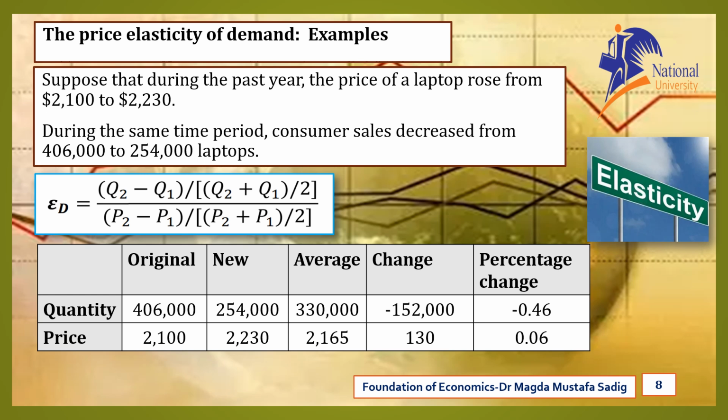So we'll get the percentage change in quantity demanded minus 0.46, and the percentage change in prices is 0.06. So we have to divide 0.46 by 0.06 to get the price elasticity of demand. And then you can interpret your result.